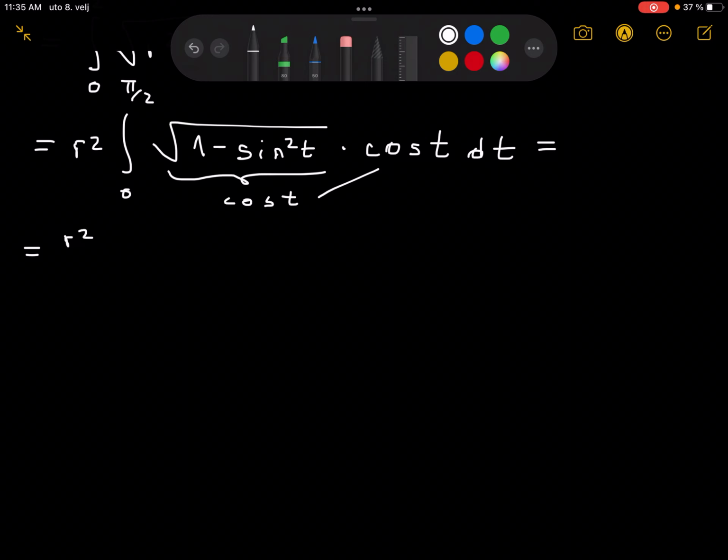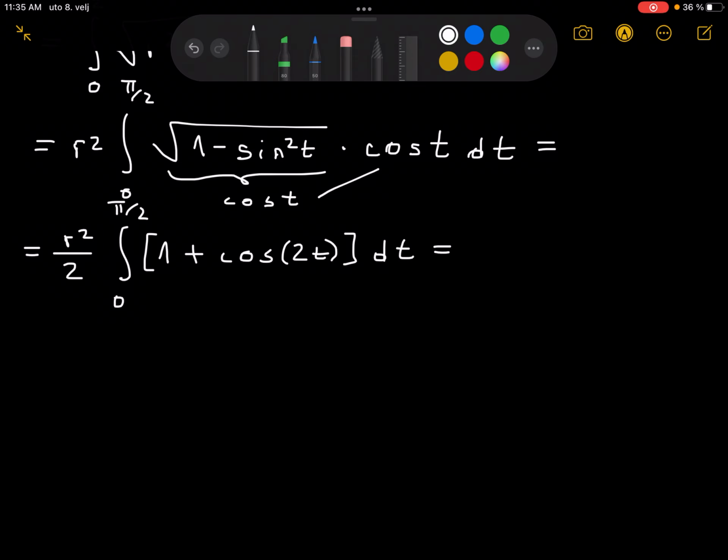So I'm just going to factor out the 2 right at the start. r squared over 2 times the integral from 0 to pi over 2 of 1 plus cosine of 2t dt.